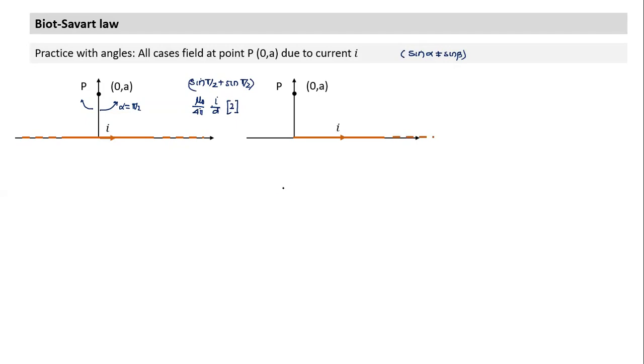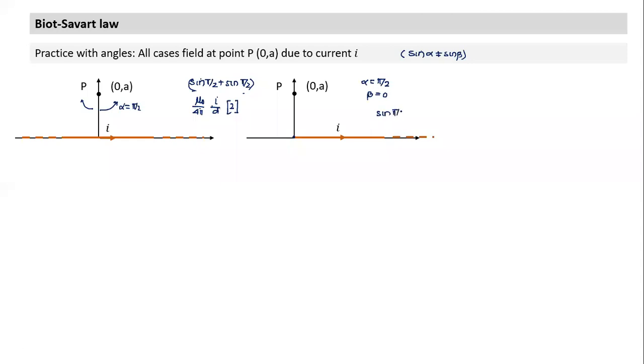Let's look at the next one. In this case, where does this current element start from? We can call it a semi-infinite wire. It's starting from the foot of the perpendicular. So what are the two angles here? Do you spot two angles? One angle is 0, and the other angle is pi by 2, which makes the task even simpler. So I'm just calculating this part here. Angle part will be equal to sine of pi by 2.